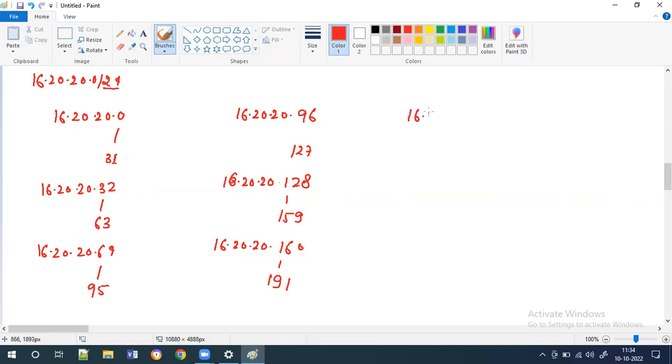Then 16.20.20.192 till 223. Right? The next is 16.20.20.224 to 255.